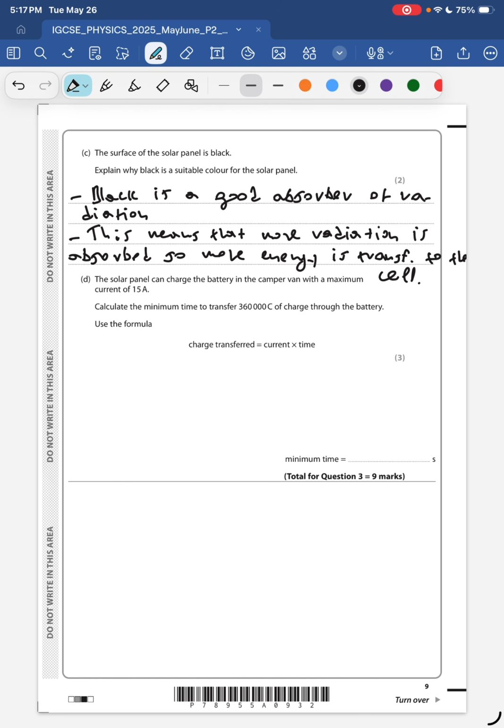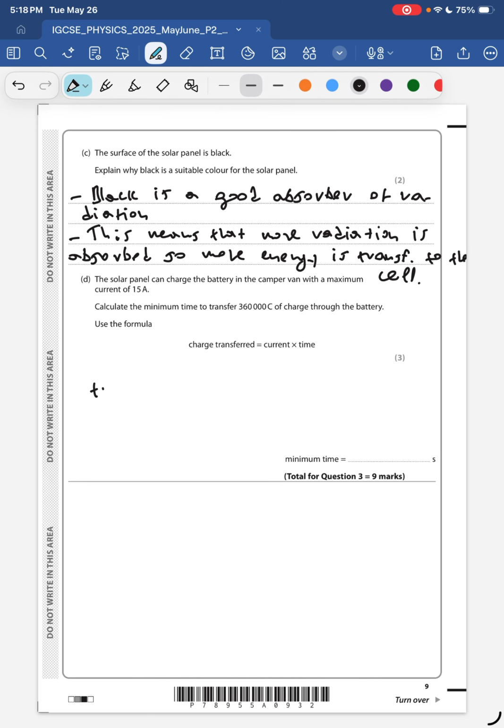Part D. The solar panel can charge the battery in the camper van with a maximum current of 15 amps. Again, the camper van is my future home. Calculate the minimum time to transfer 360,000 coulombs of charge through the battery. Use the formula: charge transferred is current times time.